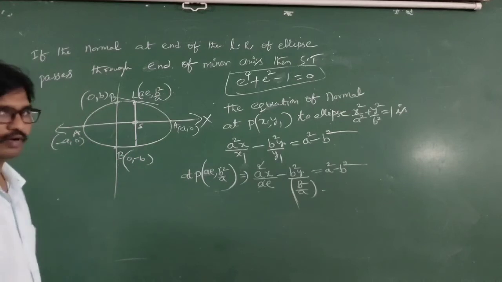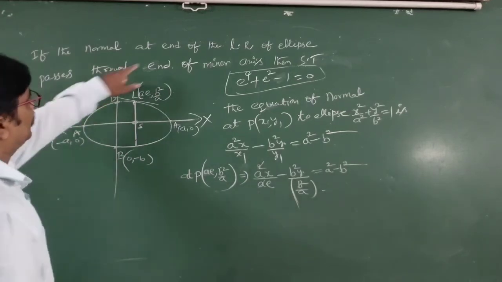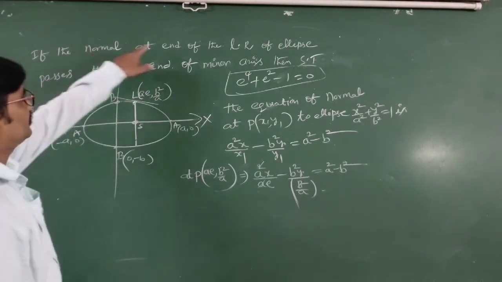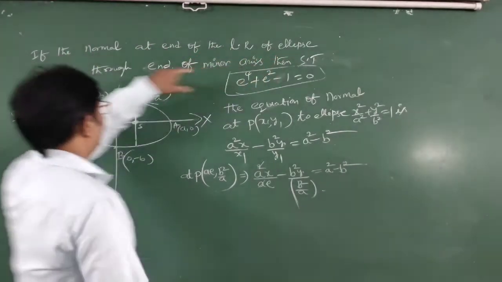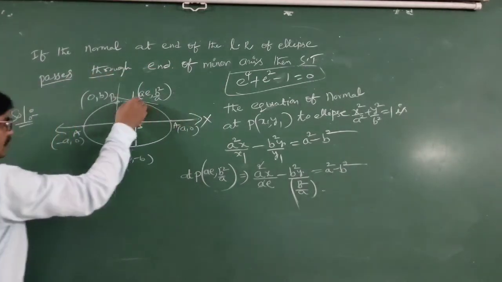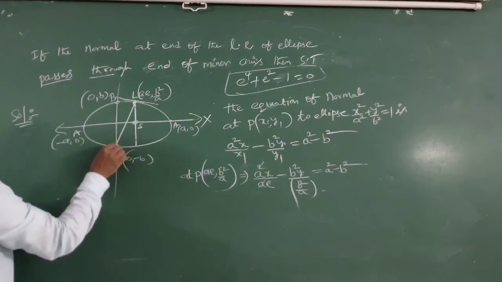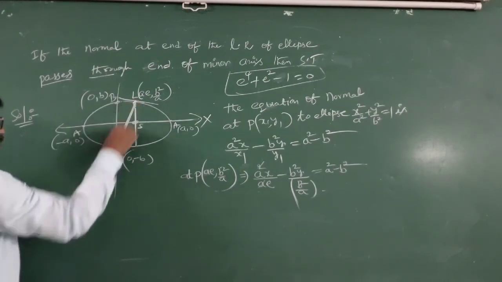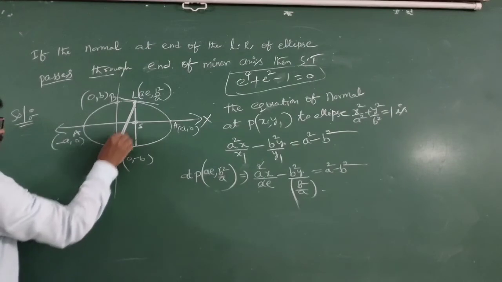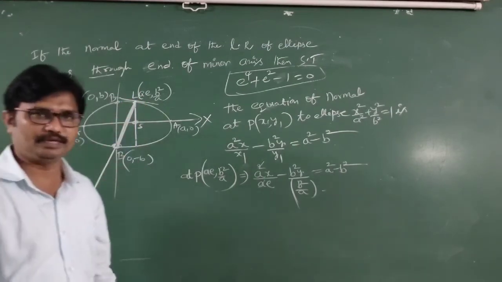My dear students, one more condition is given: the normal at the end point of the latus rectum of the ellipse passes through the end of the minor axis. This is the tangent, this is the normal, passing through the end of the minor axis, which is (0, minus b).